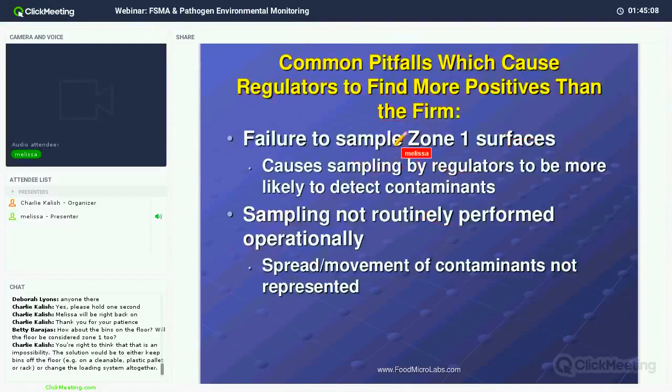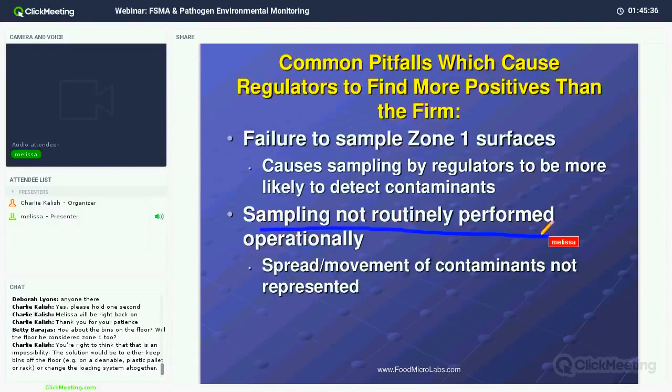The other factor is sometimes we can't sample zone 1 surfaces if we haven't arranged our processes so that we can keep control of the finished product, or the shelf life permits that. If we haven't swabbed zone 1 surfaces and the agency can walk up and swab those, it makes them more likely to find a positive than we are.